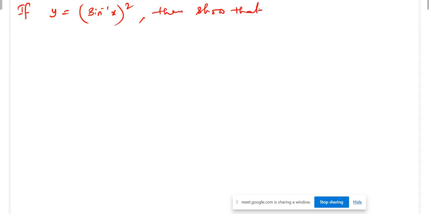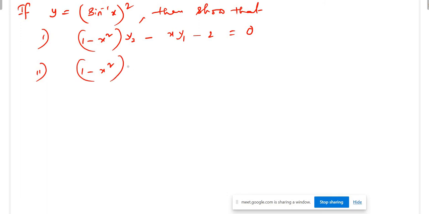Now I am solving a problem. It is given that if y equal to sine inverse x whole square, then show that first, 1 minus x square times y2 minus x y1 minus 2 equal to 0, and number 2, 1 minus x square into y n plus 2 minus 2n plus 1 into x y n plus 1 minus n square y n equal to 0.